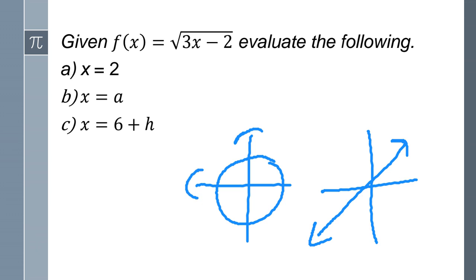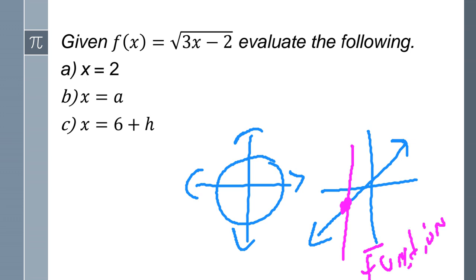If you draw a vertical line on the graph and it only touches your graph in one spot, then it's going to be a function. But if you draw a vertical line and it touches in 2 locations of the graph, then it's no longer a function because for this x value here, you get 2 y's. So this is not a function.